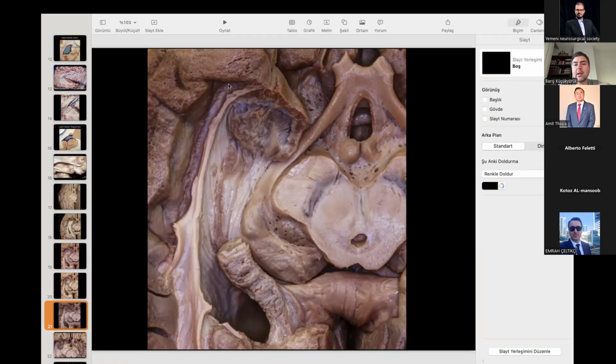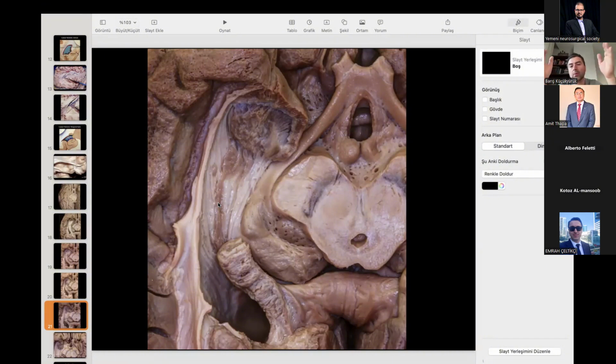They basically connect the temporal pole of one side with the other. These tapetal fibers pass through the isthmus and go to the temporal pole of the other hemisphere. And there is gray matter here, you see. This is the amygdala, and this is the tail of the caudate nucleus.